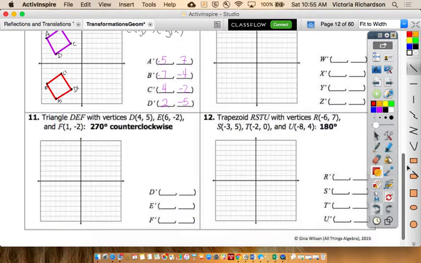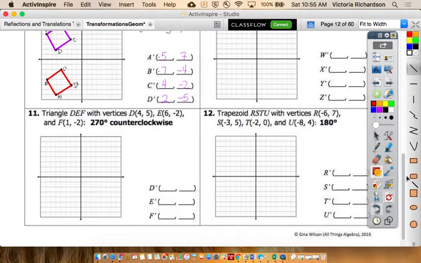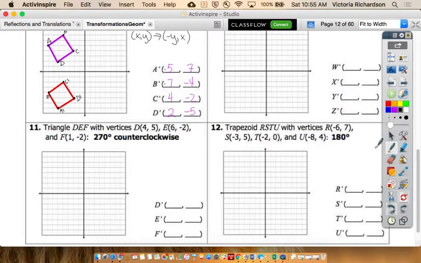All right, so let's look at number 11. So I have triangle DEF. So I'll start in the middle, and my first ordered pair is 4, 5. So 1, 2, 3, 4. Up 1, 2, 3, 4, 5. That's D. E is 6, 2.